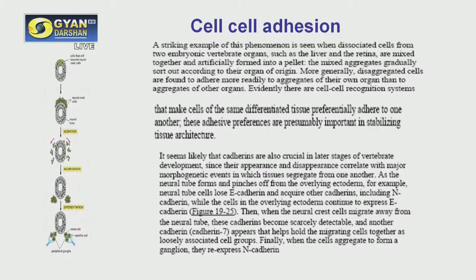So a cell which has a particular type of cadherin, say an epithelial cell, has E cadherin. What will happen? It will get separated and then it will only associate with cells containing E cadherin. It will not associate with cells which contain N cadherin. So all the cells having E cadherin will aggregate and give rise to a particular tissue.